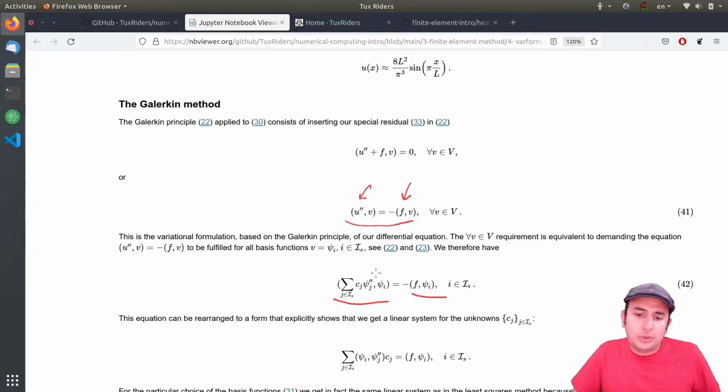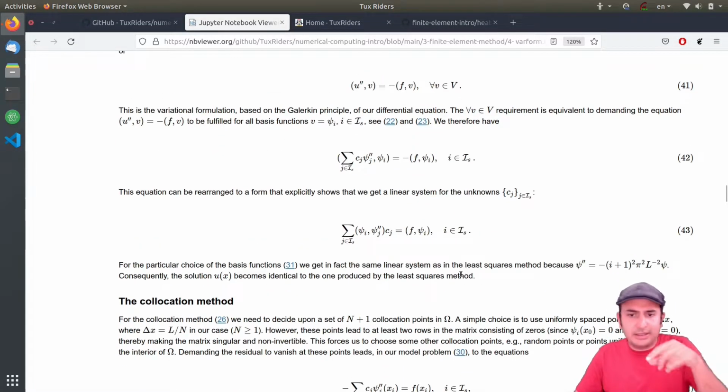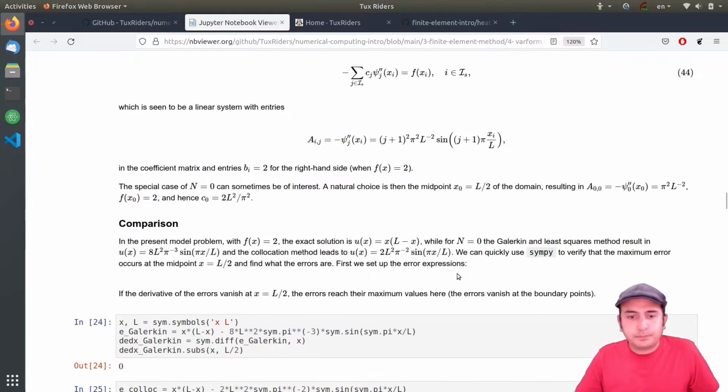When you have a term that contains the unknown, here we have Cj, this is a bilinear term, and when it doesn't have any unknown, in this case you see that everything is known here, because we know the function itself and we know the basis functions, so this is all known, and this is called the linear term. But I think later on we will have the definition of these things.